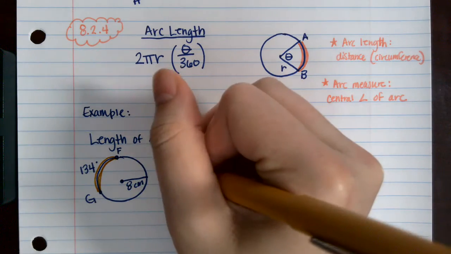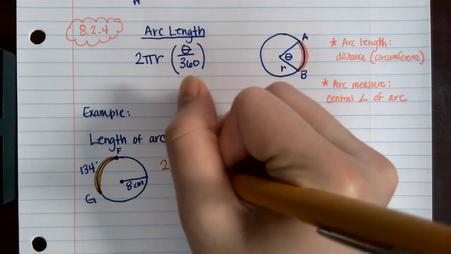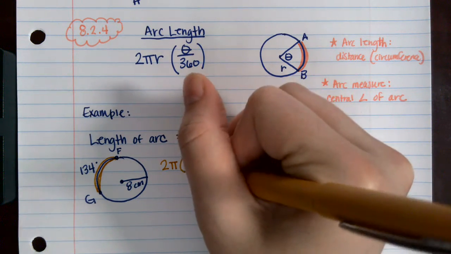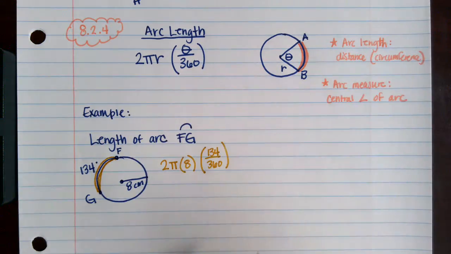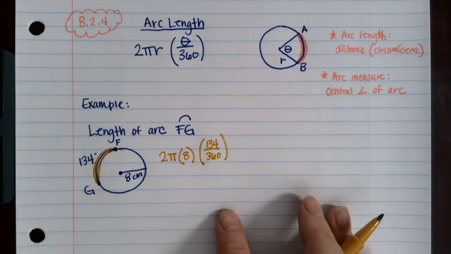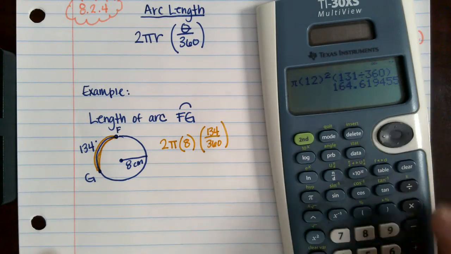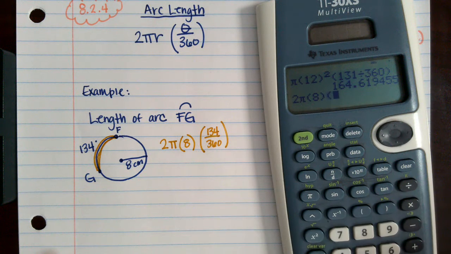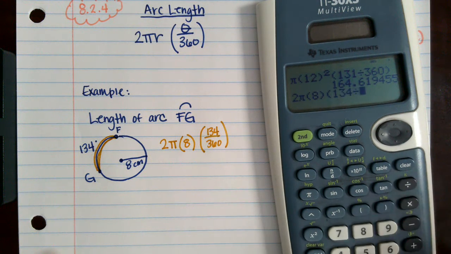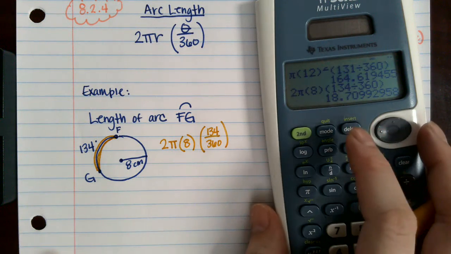And so we are going to use our circumference formula, 2 pi r. Our r is 8. And then our angle measure, 134 over 360. So again, we can type this in exactly as it is. So 2 pi times 8, times 134 divided by 360 gives me 18.7.